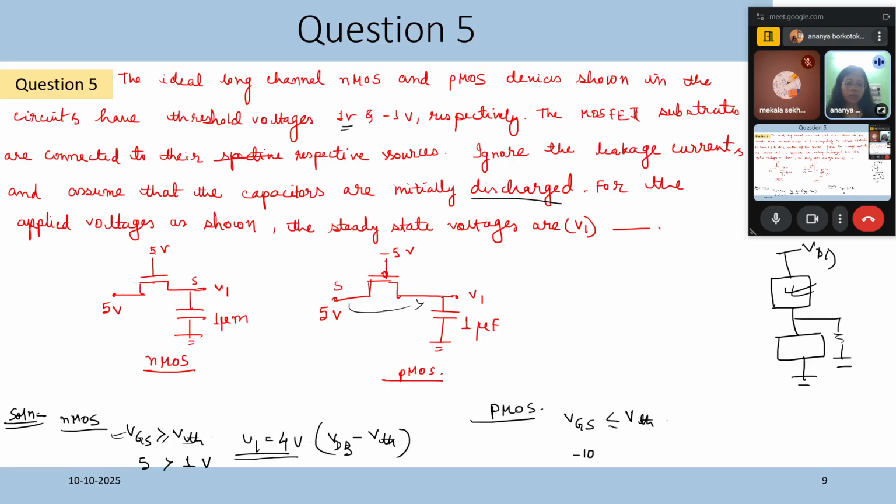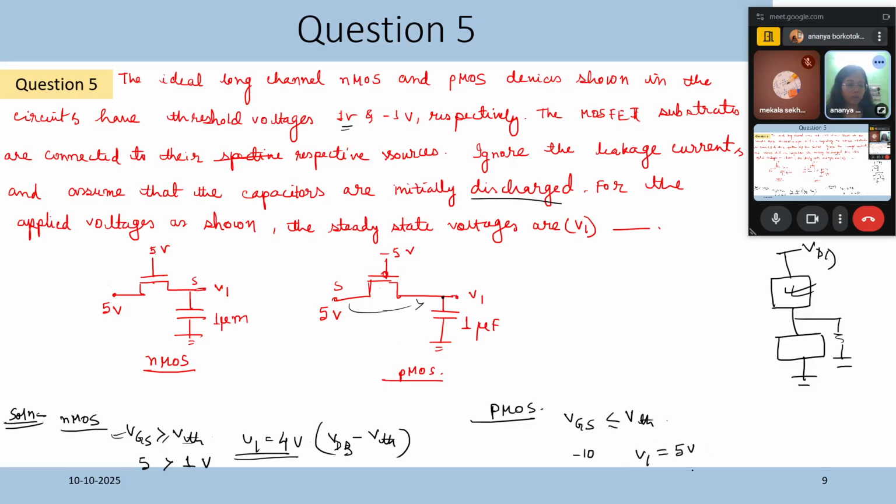Now what happens if it's charged up to 5 volt? VGS is again minus 10 volt, and it will not turn off, right? So that means our V1 in this case can be 5 volt.